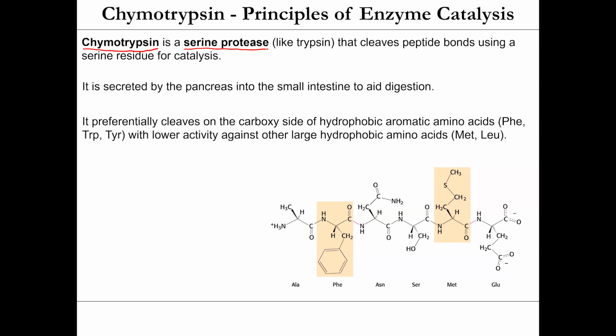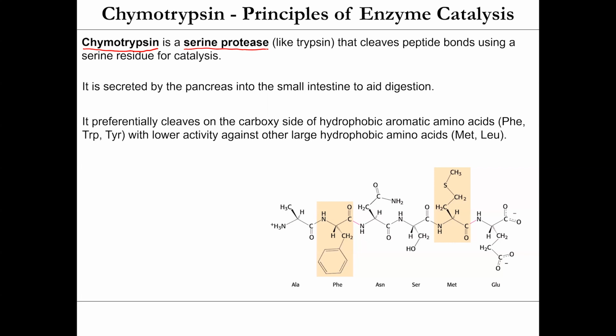The normal function of chymotrypsin is that it's secreted by the pancreas into the small intestine to aid digestion. So it's going to be breaking down peptide bonds from food that you eat to release amino acids from protein molecules that you ingest.